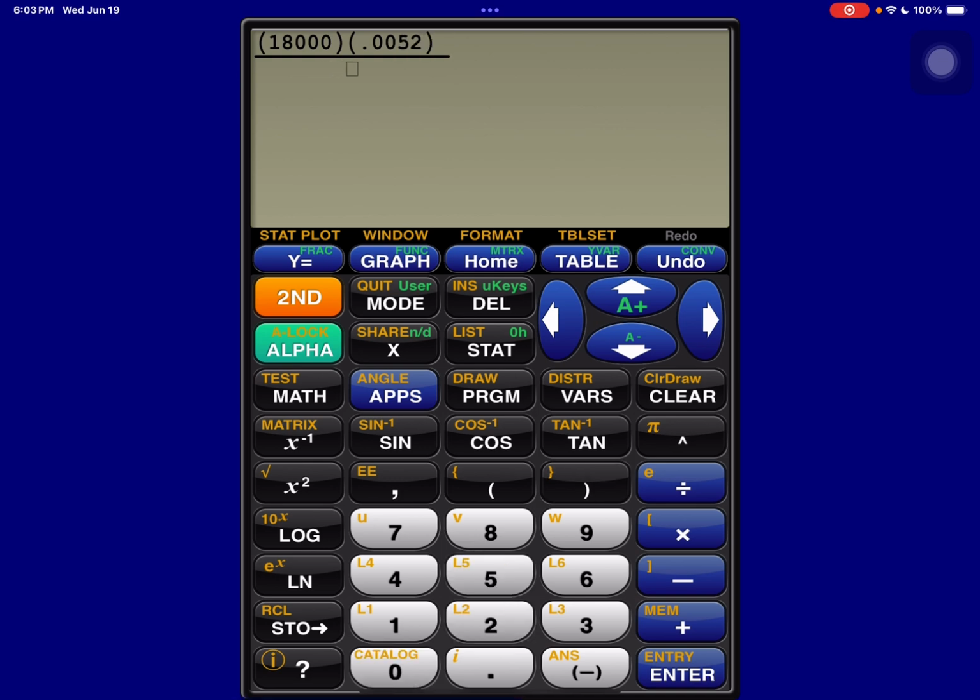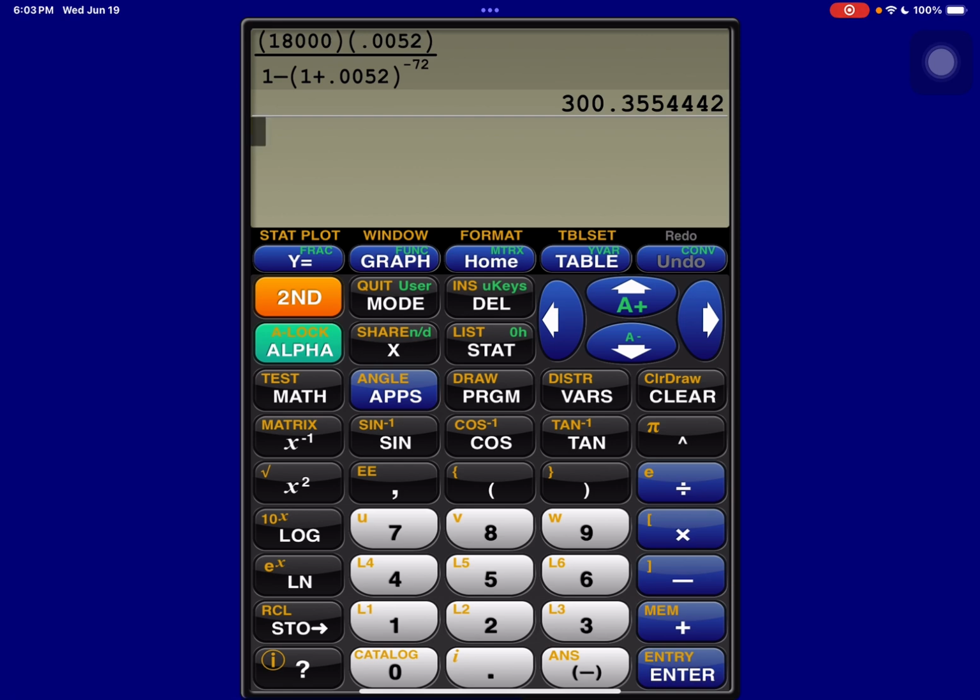Okay, that's the numerator. And we go down to the denominator, we have 1 minus 1 plus 0.0052 raised to the negative 72 power. Okay, we hit enter and we get $300.36, which is choice number 2.